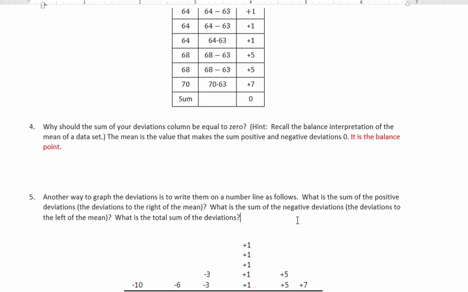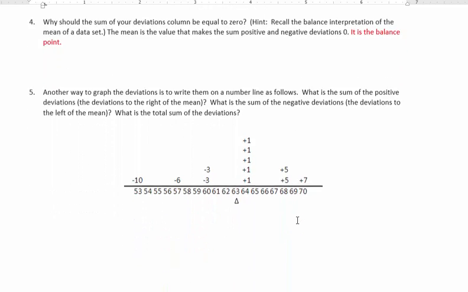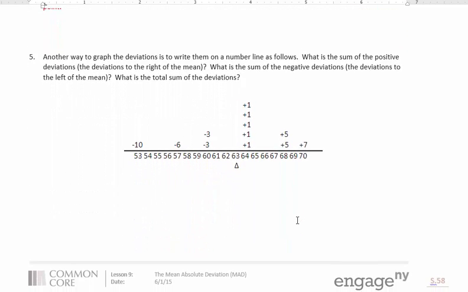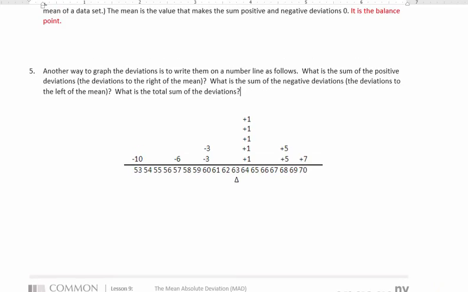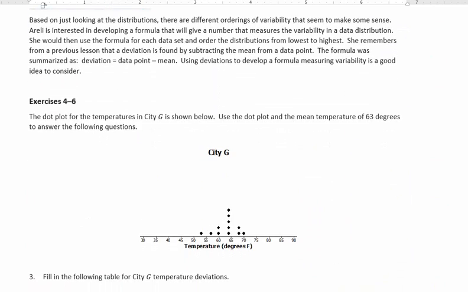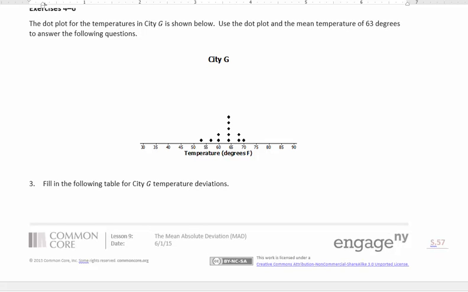Okay. Another way to graph the deviations is to write them on a number line. What is the sum of the positive deviations, the deviations to the right of the mean? What is the sum of the deviations to the left? So all I'm doing with this dot plot is, instead of plotting numbers or plotting dots, so I see I have a dot here, 70.